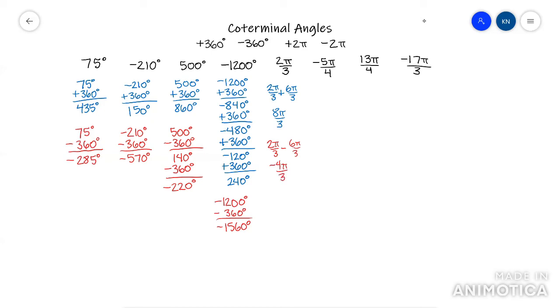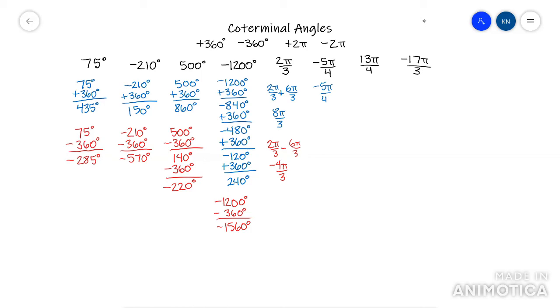This next one, negative 5 pi over 4. All right, 2 pi over 1. I need this denominator to be 4, so I'm scaling this by 4. So it's going to be plus or minus 8 pi over 4.